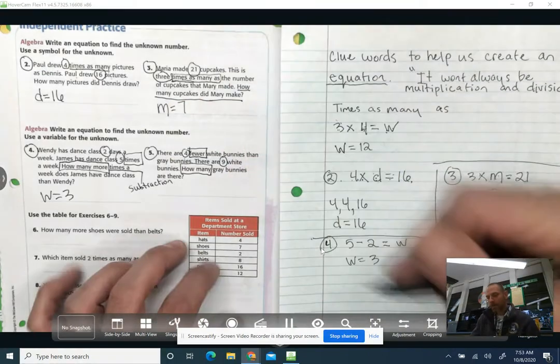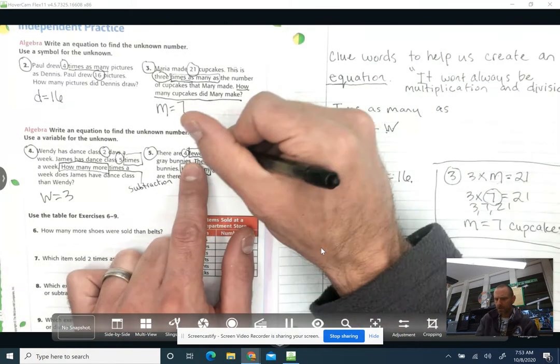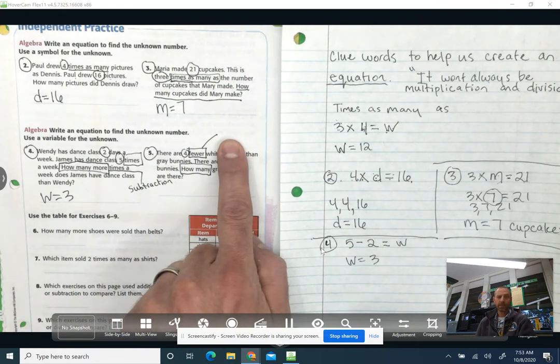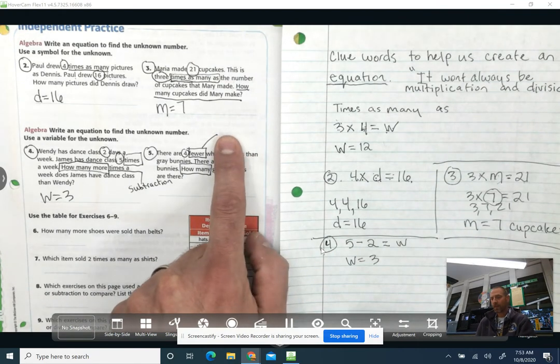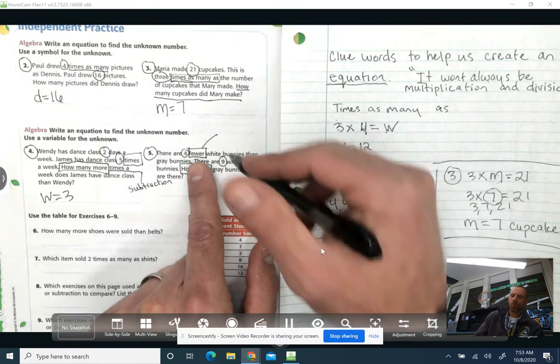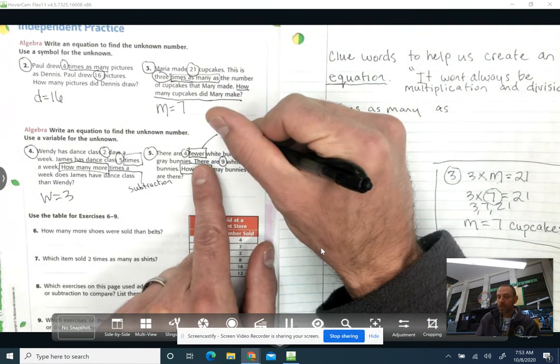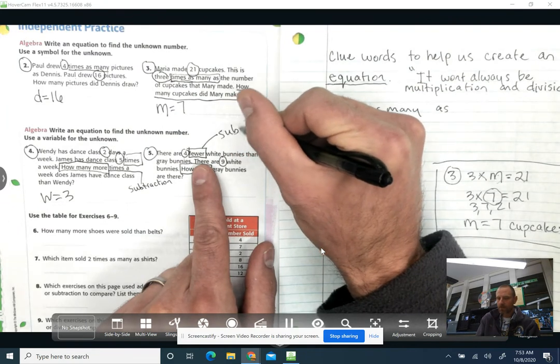Fewer. What does fewer mean? Right? Fewer. Draw a line off. Put it there. Does it mean addition, subtraction, multiplication, division? 4 fewer. Huh. Pause it. What'd you put? Subtraction. Fewer means subtraction.